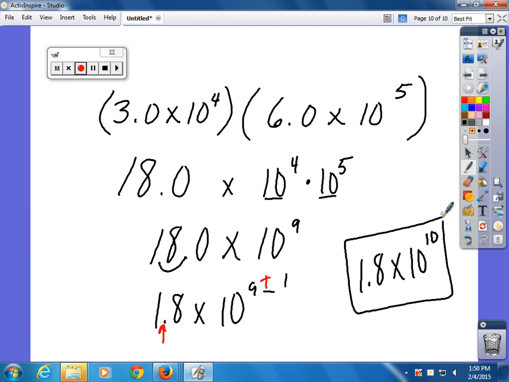They may also ask you to put it in regular notation, which would be move the decimal 10 places into a bunch of zeros. But I'll show you that in just a minute. Look what we actually did. Some of you do this right here, and you don't know what you've done.